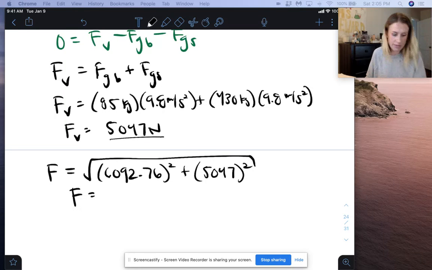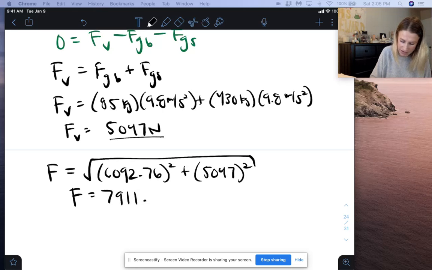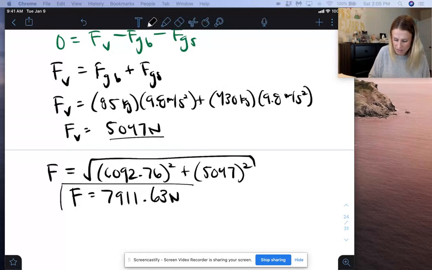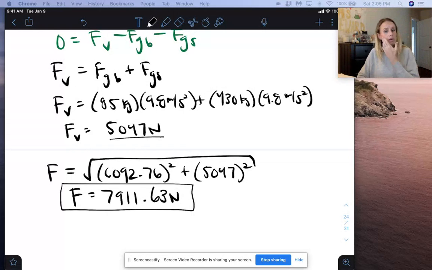So we square that, plus 6,092.76 squared, and then take the square root. We end up getting that the net force on the beam from the hinge is 7,911.63 newtons. So that's our answer for B. And they only asked for the magnitude of the net force, so that's all we have to do for letter B.